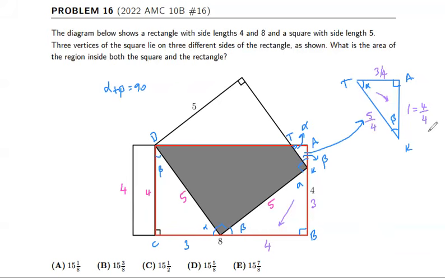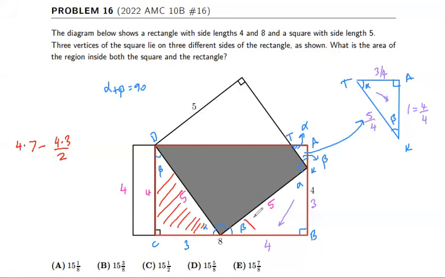Now that we know all these sides, we can find the shaded region. That should be DC is 4 and BC is 7, minus the area of this triangle. The area of this triangle is 4 times 3/2.